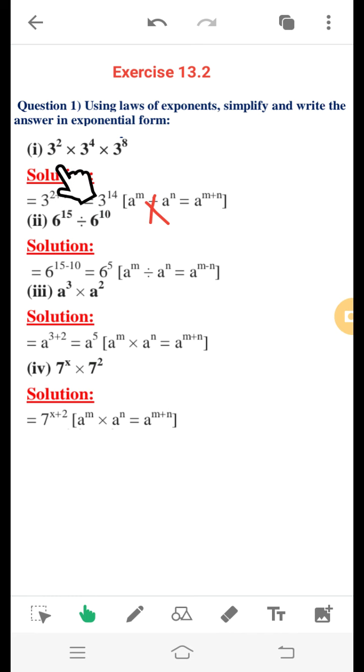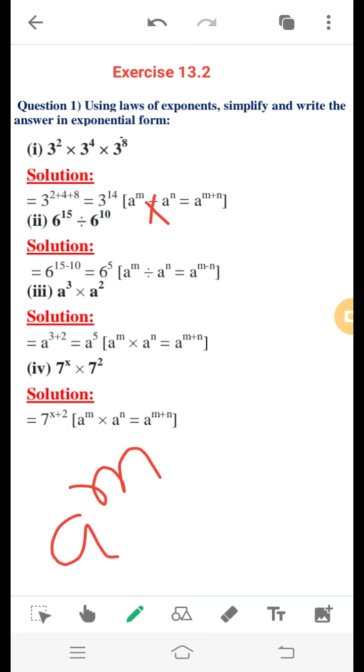First one, 3^2 × 3^4 × 3^8. Here, the bases are the same, but the powers are different. If the bases are the same and it is in the multiplication form, we have to add all the powers.